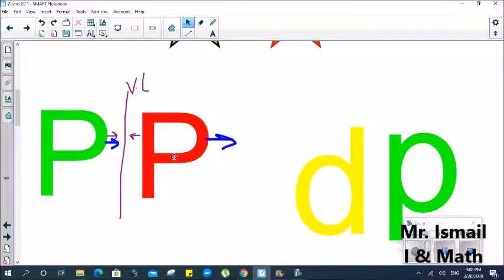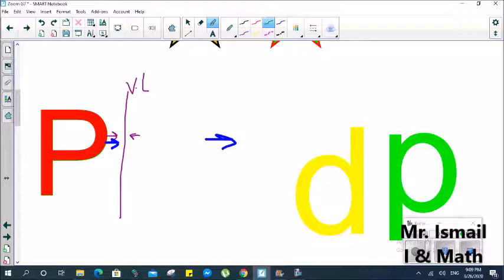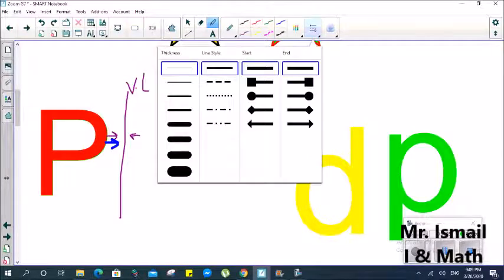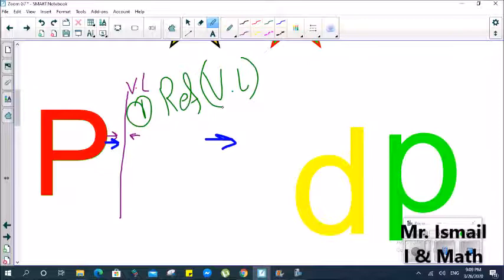Now I will move it, and they are matching now. You see? Then I can say now the two figures are congruent by using what? First one, reflection. Reflection vertically. Right? The second one, translation.